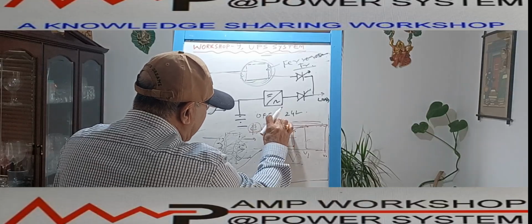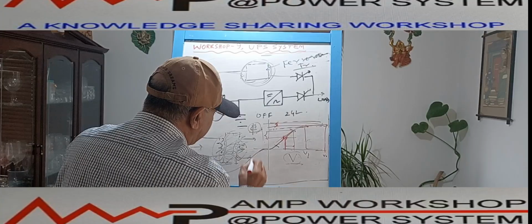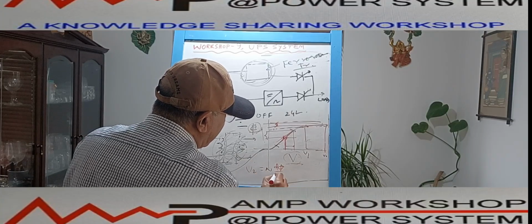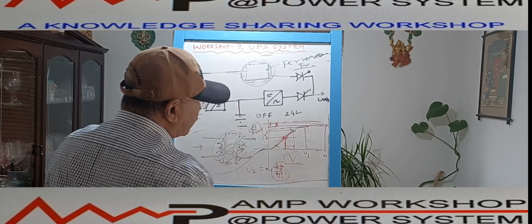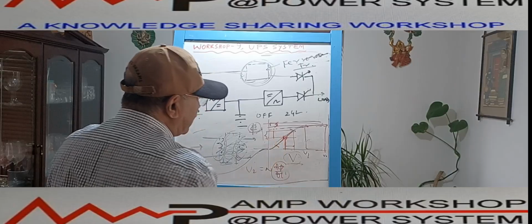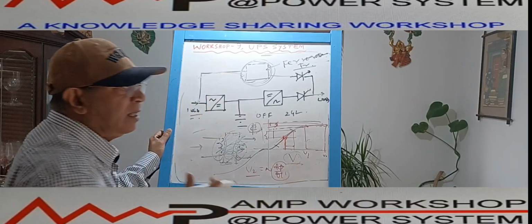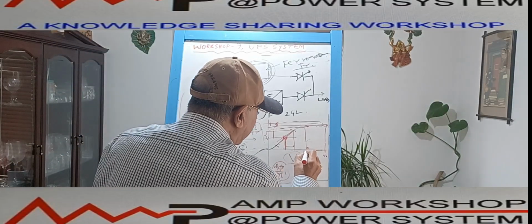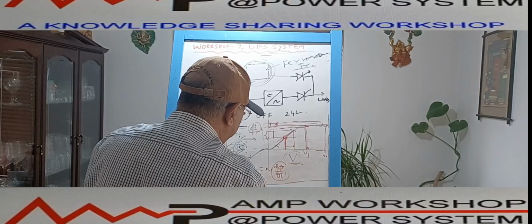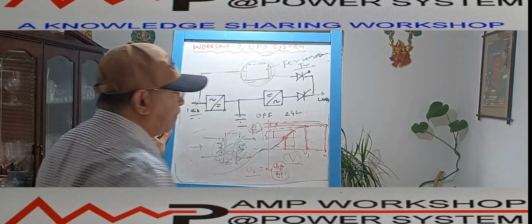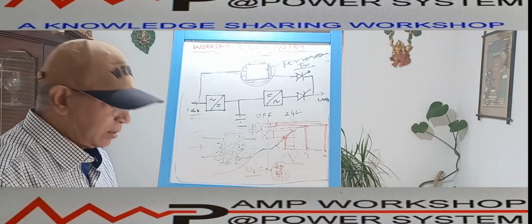If the flux change is very small, then automatically the secondary voltage V2 is N into d phi by dt, but d phi by dt is very small, only this amount. In the previous case, d phi by dt was this amount. So in that case my V2 voltage variation will be very small. For this input voltage and for that input voltage, V2 will be more or less the same. So I will get this advantage.